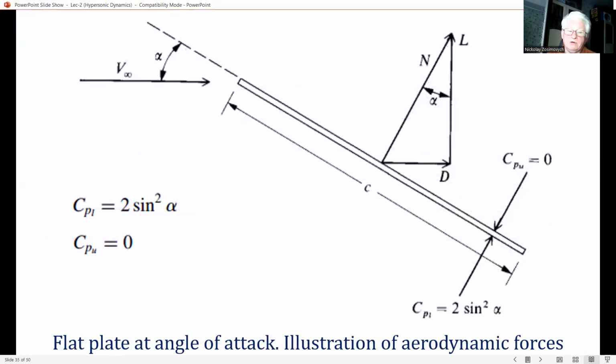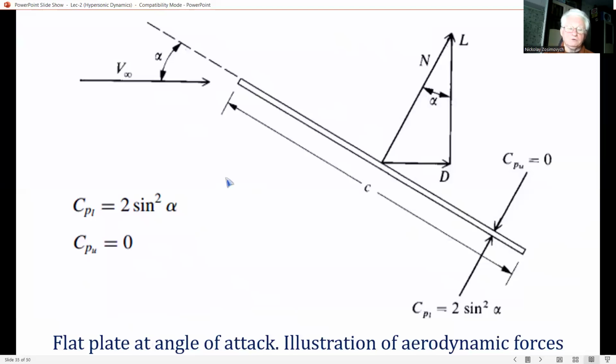It is instructive to examine Newtonian theory applied to a flat plate, as sketched in this slide. Here, a two-dimensional flat plate with chord length c, you see it, yes, chord length c, at an angle of attack alpha to the free stream.